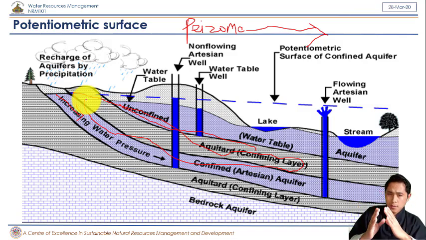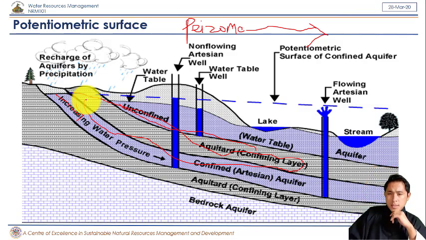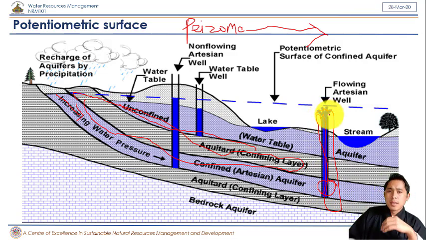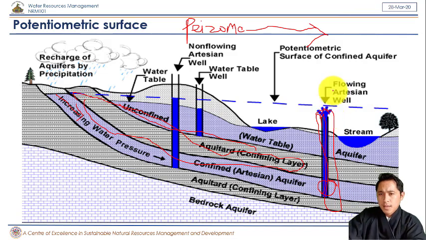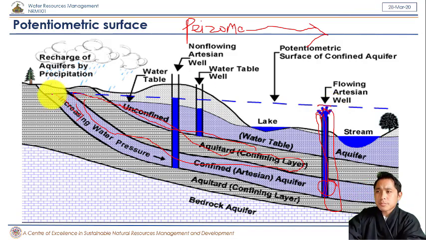If you put a pipe to make a well inside the confined aquifer, water is going to rush out because of huge pressure conserved over hundreds of years, and the water will rise to a height equal to the height of the water in our confined aquifer.